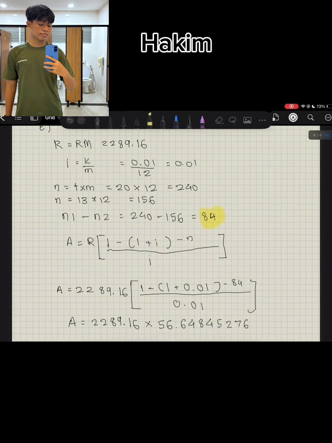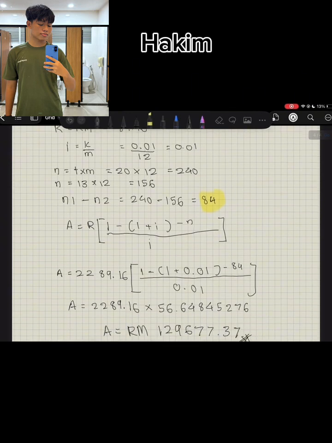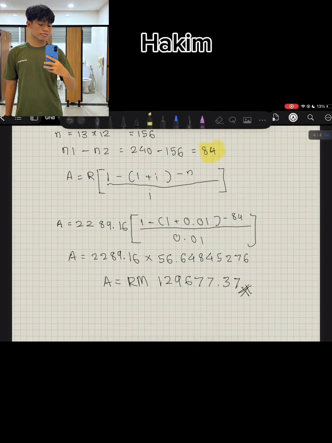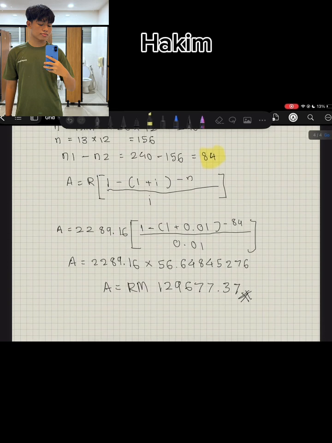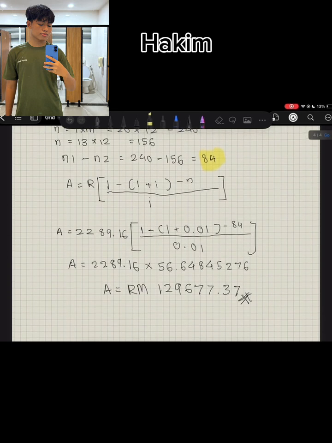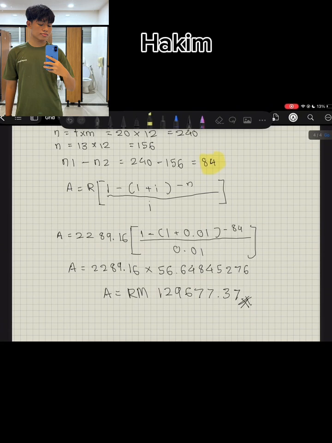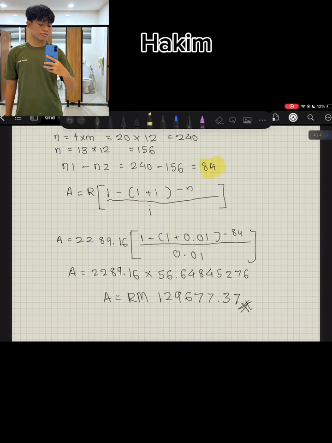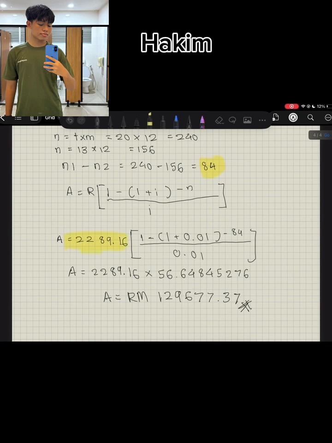Using the same amortization formula and keeping our monthly installment R at RM 2,089.60, we calculate the present value of these remaining 84 payments.